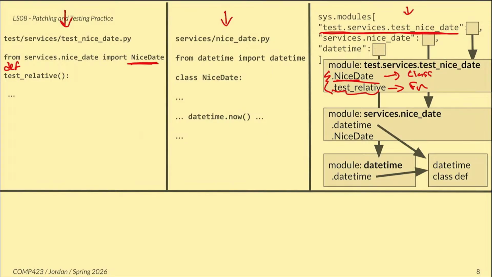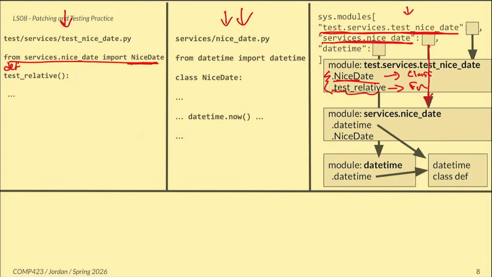Now, something interesting happens when we imported this file, right? Python had to actually pause at that point and go load the nicedate module. And in doing so, it added another entry to sys.modules, right? So this is the second entry here. And it's going to bind that to another module object. And its attributes are going to be the global names in that file, right?